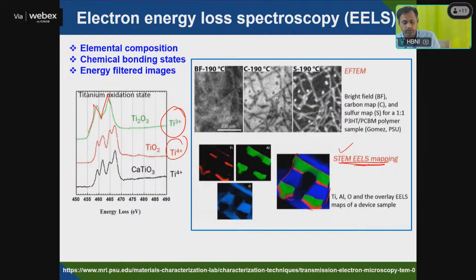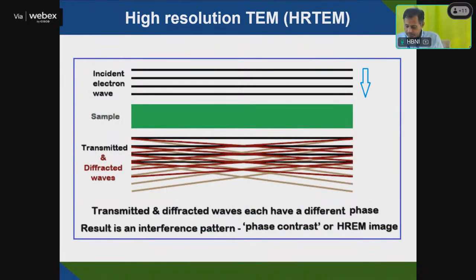That is possible. And similarly, another thing in the case of TEM is high resolution transmission electron microscopy. So far, I discussed diffraction pattern, then bright field and dark field image. In bright field, the direct beam is coming.